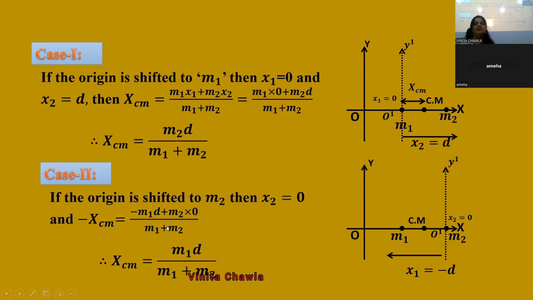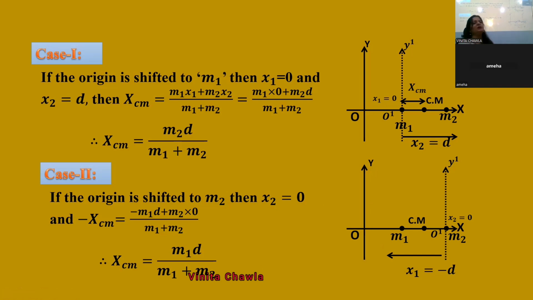Because we are taking minus XCM, because the center of mass is also on the negative side of x-axis, and M1 is also on the negative side of x-axis. Both are negative. Minus minus cancel each other, and we are left with this.